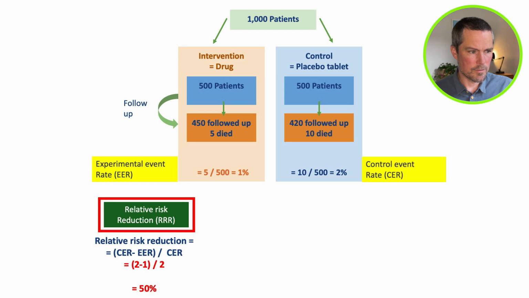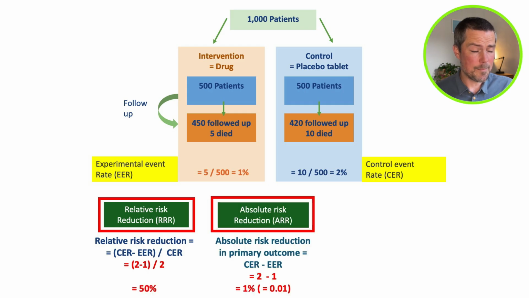So a relative risk reduction is done by comparing the result of the intervention group compared to the control group. This formula looks a little complicated, but in essence it says relative to the control group of 2%, how effective was the drug? So 2 minus 1 over 2. So the relative risk reduction is 50%, and that sounds very impressive.